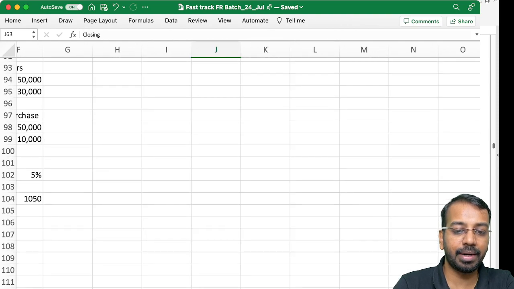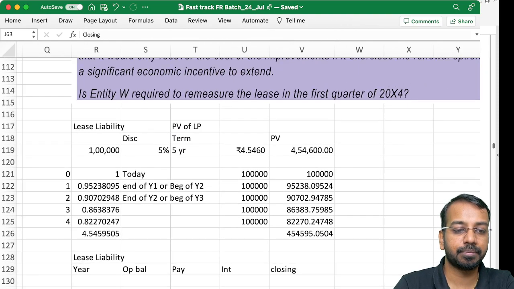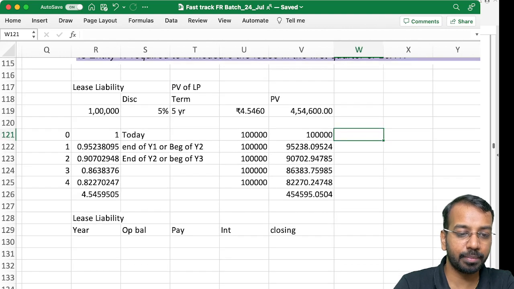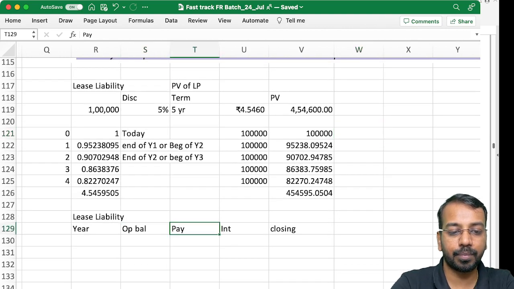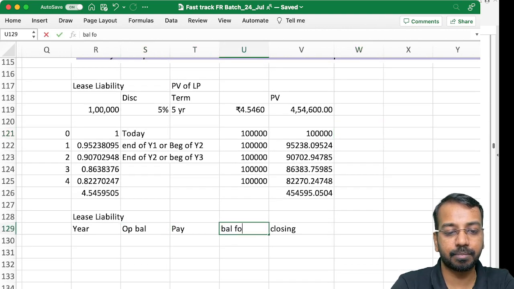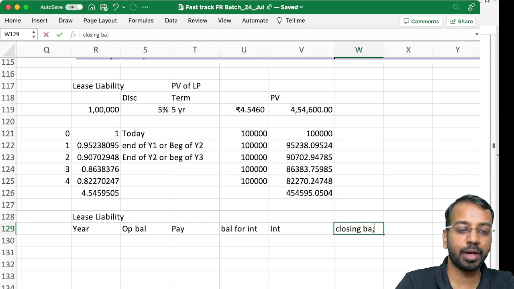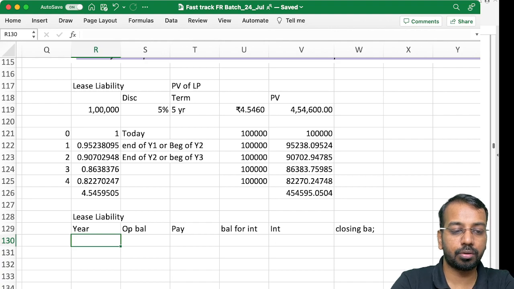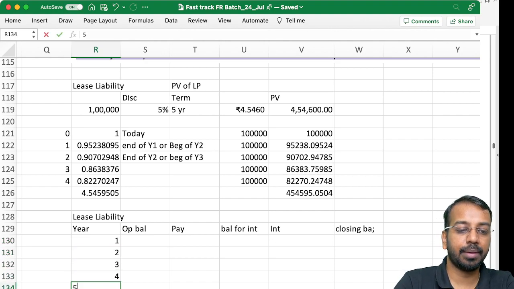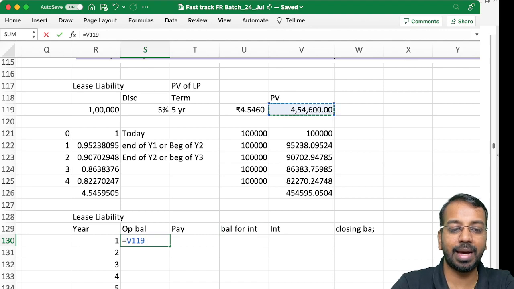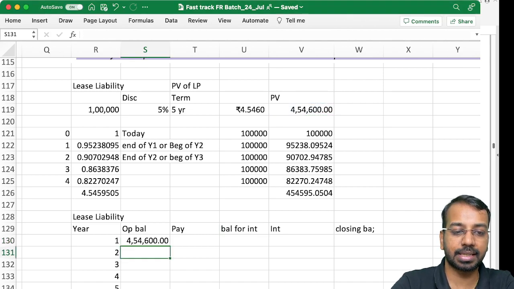Now whenever we have payments in advance, what we need to do is take opening balance, payment, balance for interest, interest, and closing balance. Okay, so year 1, 2, 3, 4, 5, beginning balance is 454,600.